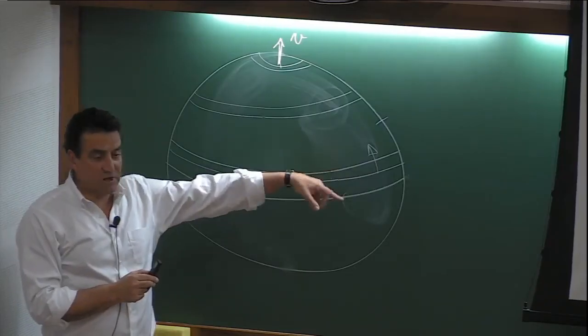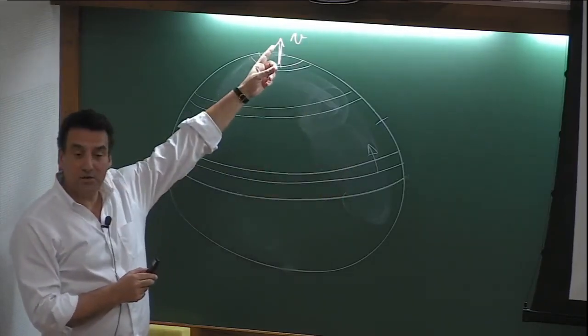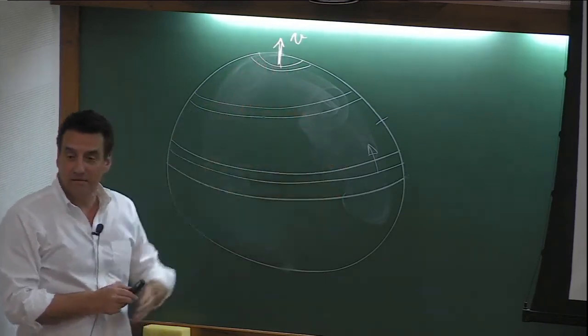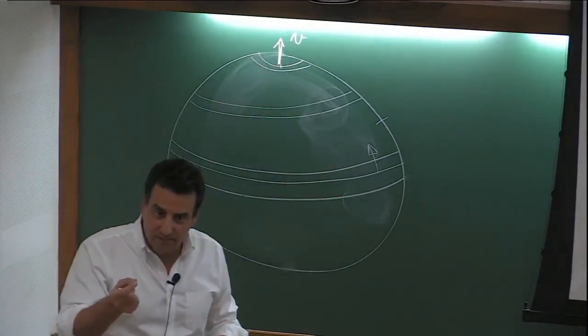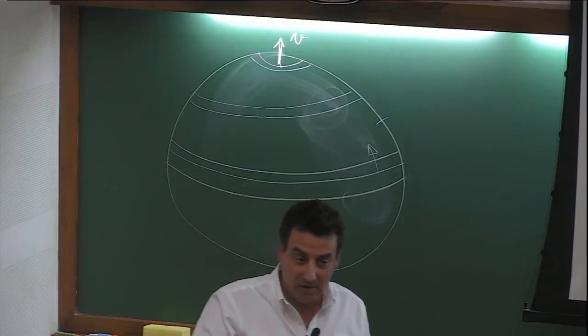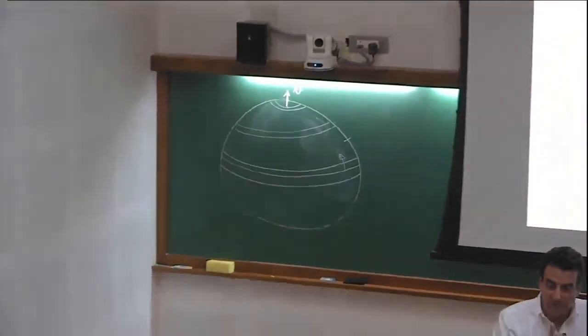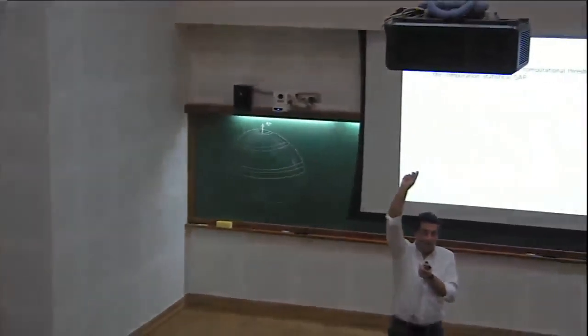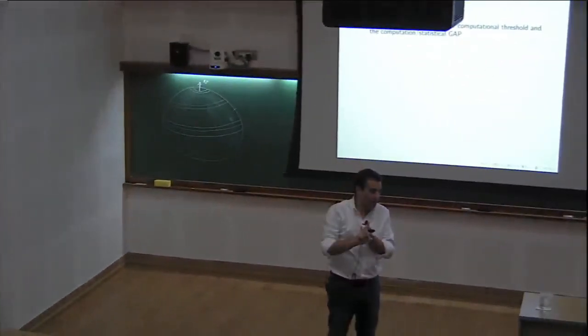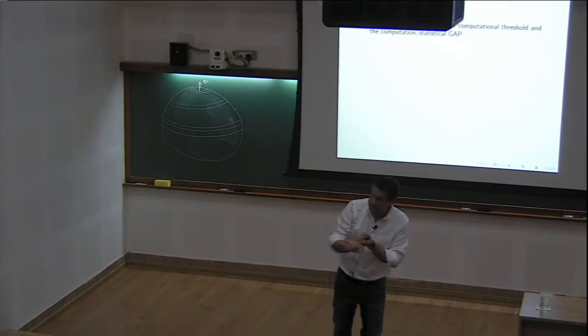The function in this direction is like this coordinate, let's call it x1, to the p. So its first derivative at x1 equals 0 is 0. Its second derivative is also 0. So your drift, the thing that is supposed to bring you to paradise, to where you want to go, is very, very small, since the function is 0, the derivative is 0, and its second derivative is 0. That's why it's hard to leave this thing.